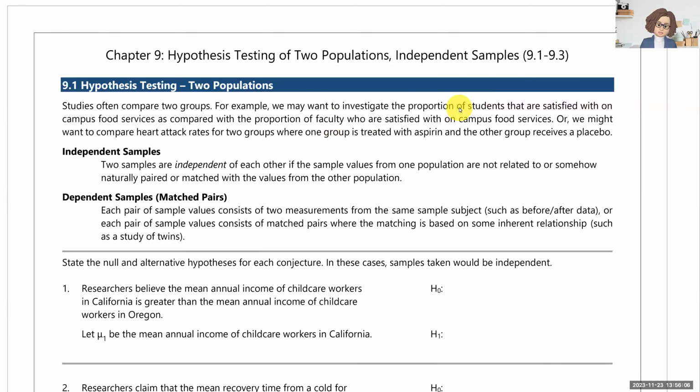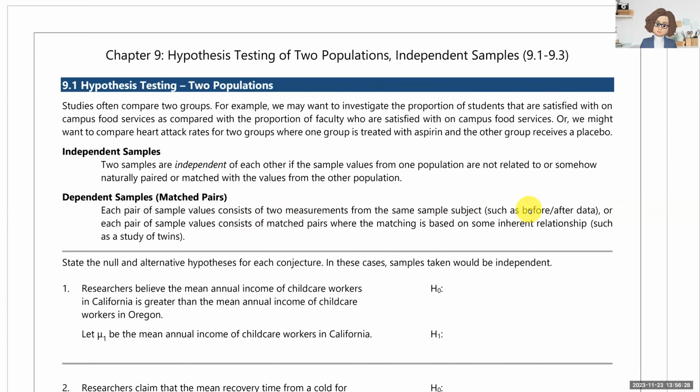So you can think of them as two separate populations where one is not linked to the other, versus dependent samples. These are often referred to as matched pairs. This is when our measurements are linked or related. So for example, we could have a study on two measurements, but they're taken from the same subject.